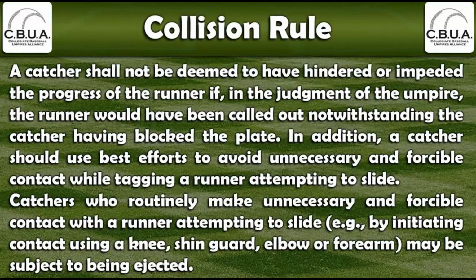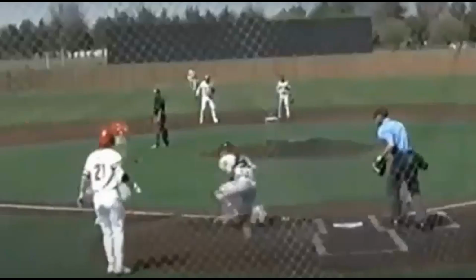Catchers who routinely make unnecessary and forcible contact with the runner attempting to slide, for example by initiating contact using a knee, shin guard, elbow, or forearm, may be subject to being ejected. As soon as a fielder has possession of the ball, the base runner loses all rights of protection from anything except malicious contact by the fielder.